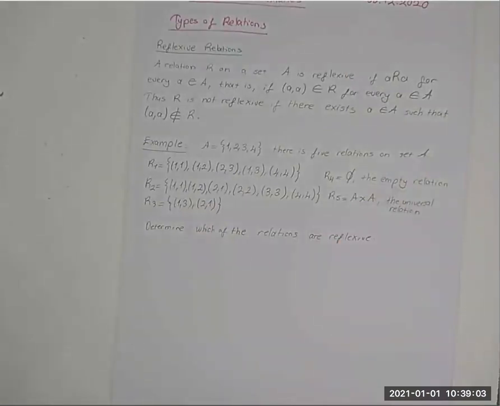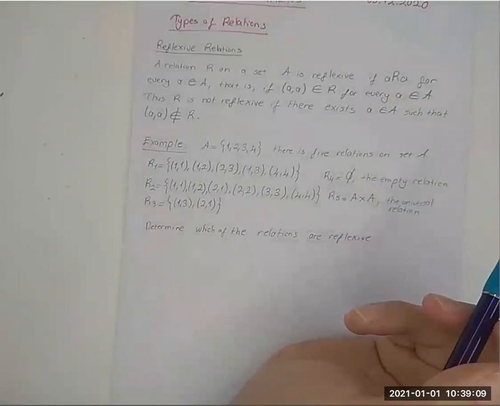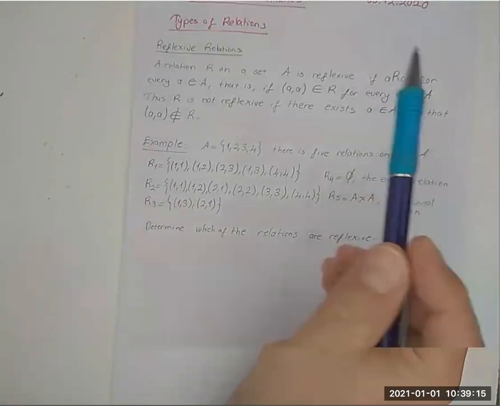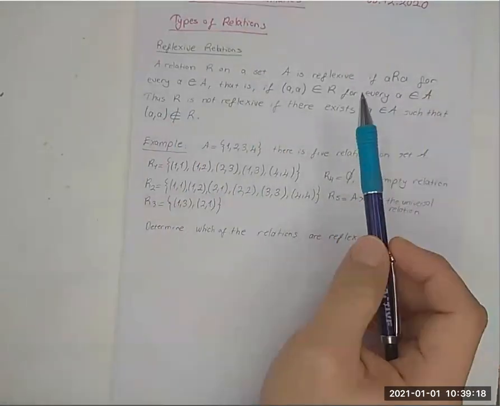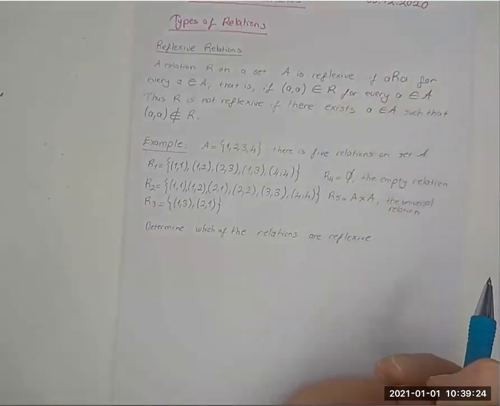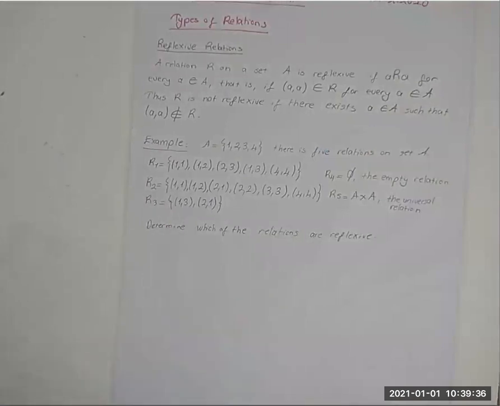So what was our condition? If a is in set A, we have the pair (a, a) as an element of R, for each a that is an element of set A. So let's look at R1.